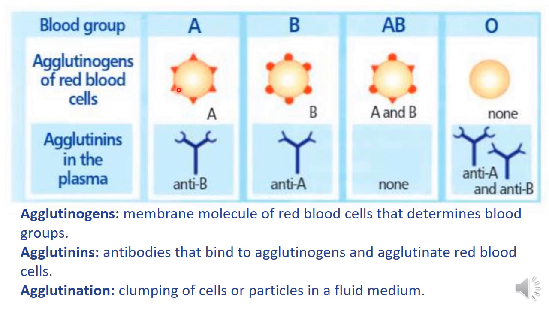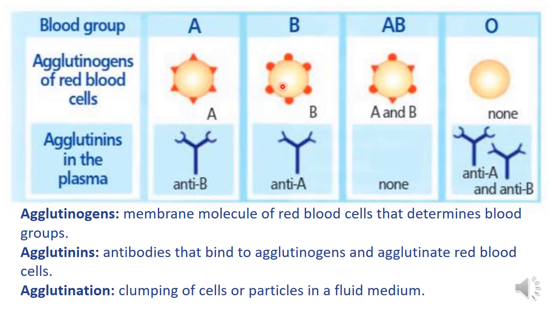So when we have an agglutinogen, which is the molecule on our red blood cell, is A, our blood group is A, but we do not have the similar antibody because we don't attack our blood groups, never. We attack the other blood group, so we have anti-B.